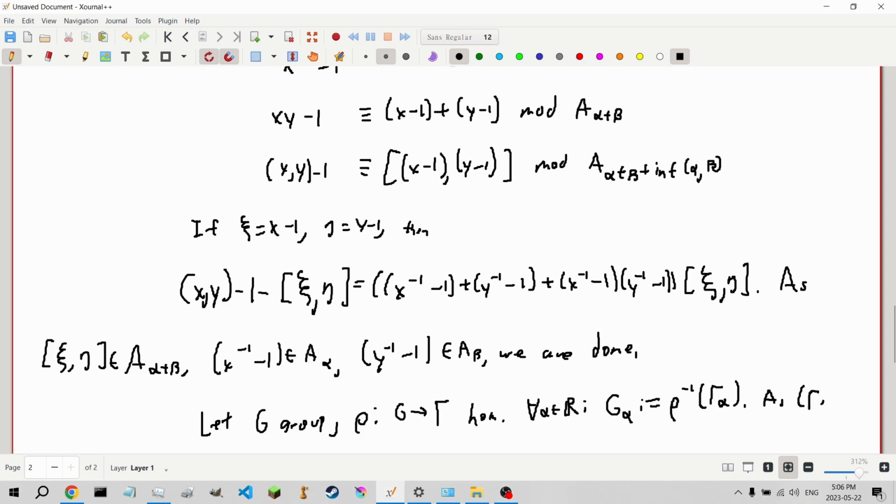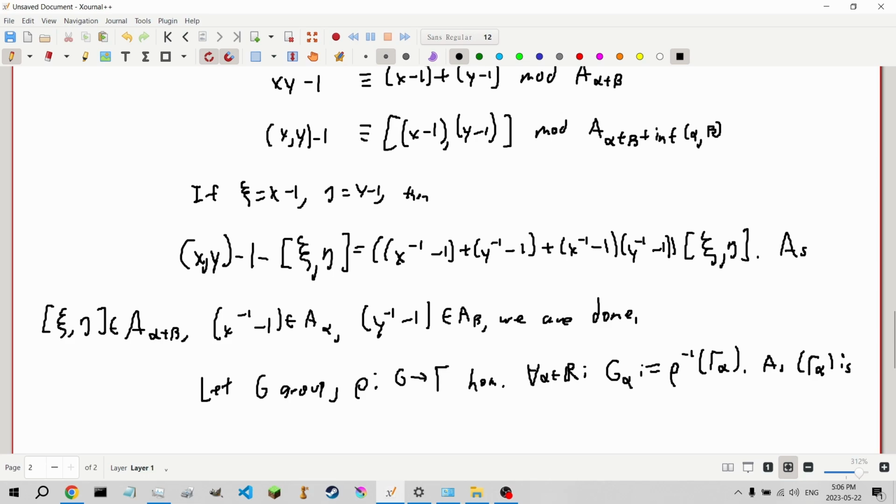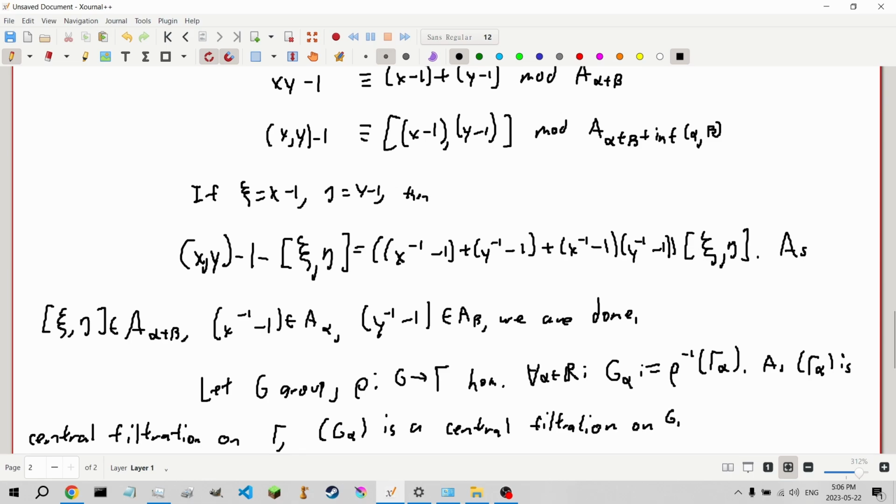And as these gamma alpha is a central filtration on gamma, the collection of G alpha is a central filtration on G.